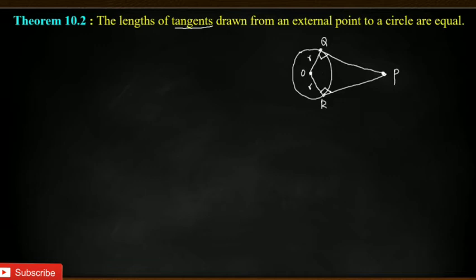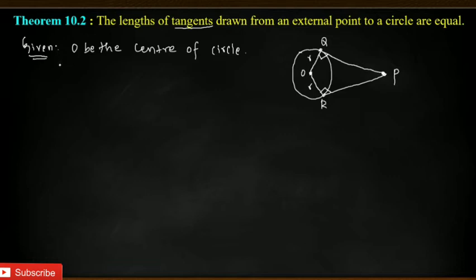So the radius is perpendicular to the tangent. That is what I did. Now we'll go for the given. What are the things they have given? Just write them one by one. First, I'm writing: O be the center of a circle. Next, P be the external point.